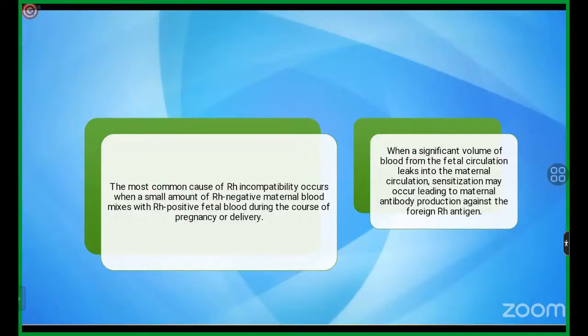When a significant volume of blood from fetal circulation leaks into maternal circulation, sensitization may occur, leading to maternal antibody production against the foreign Rh antigen.